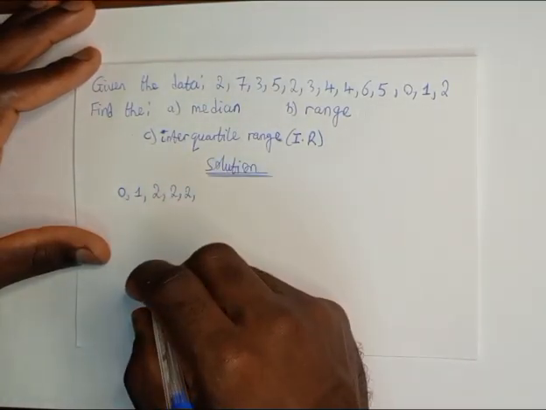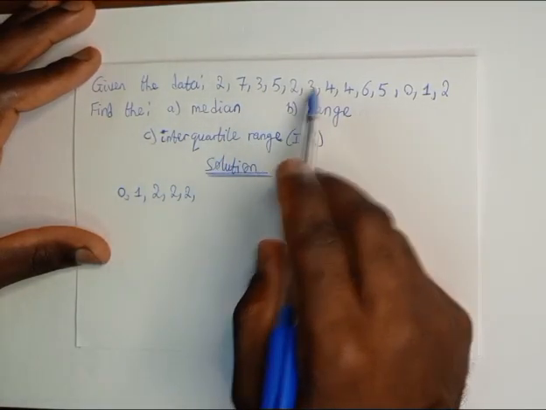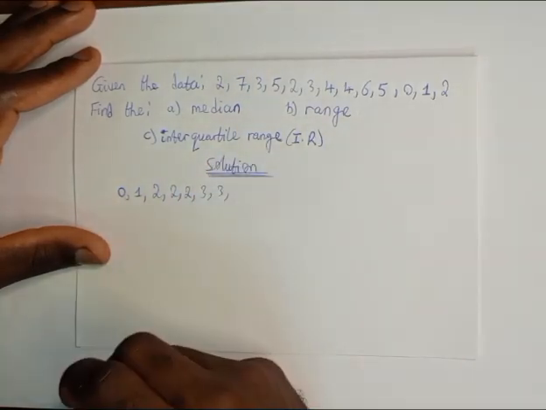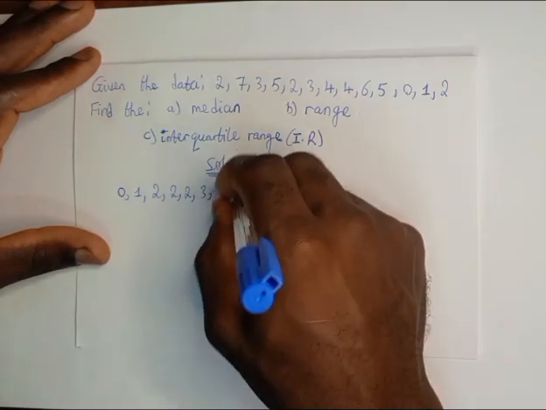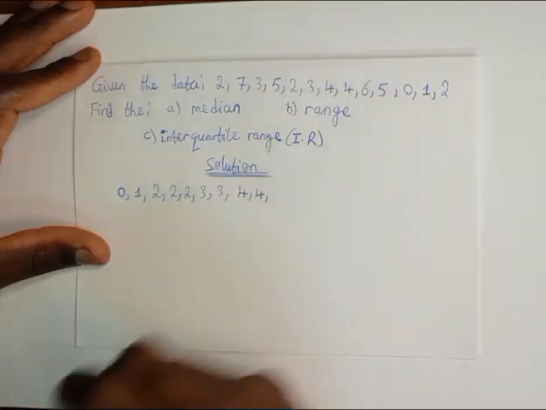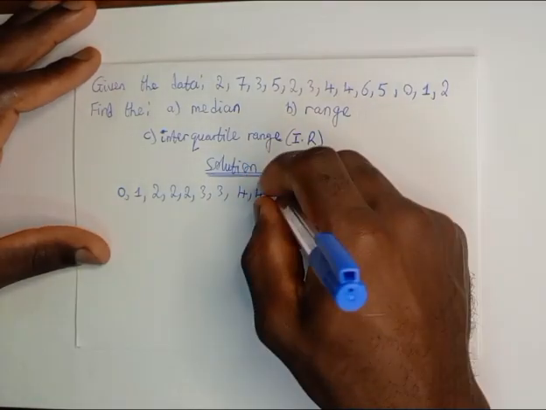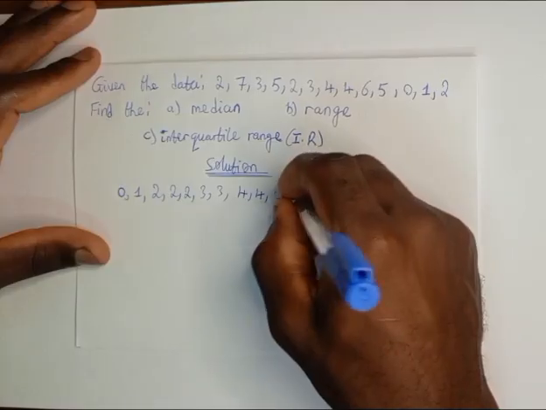The next we go to 3, which occurs 2 times, 3, 3. The next we go to 4, which occurs twice, 4, 4. The next we go to 5, which occurs twice, 5, 5.